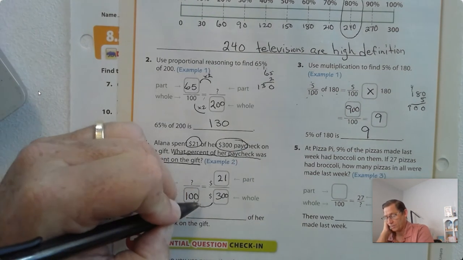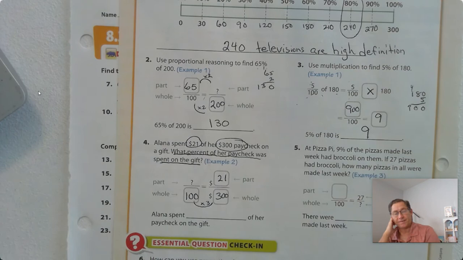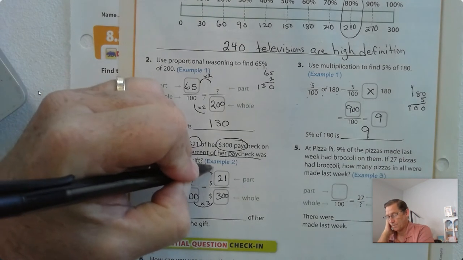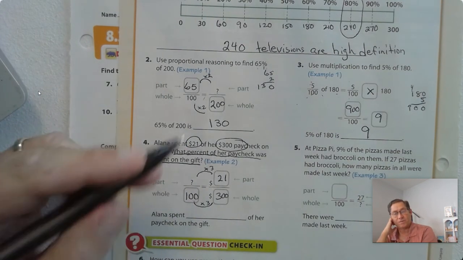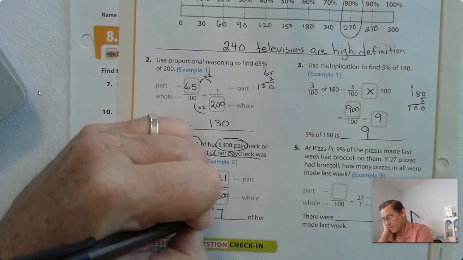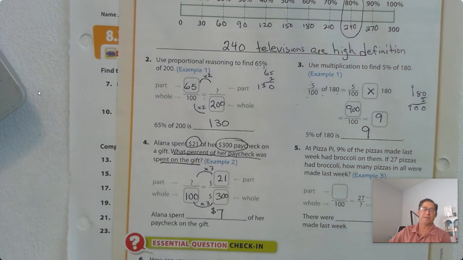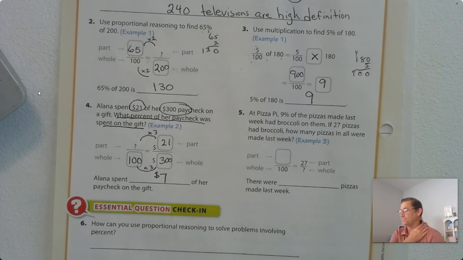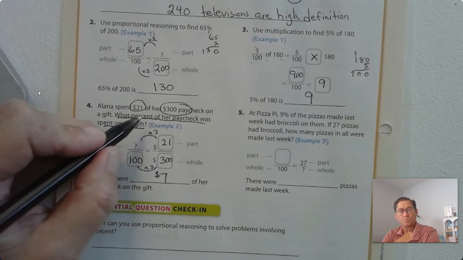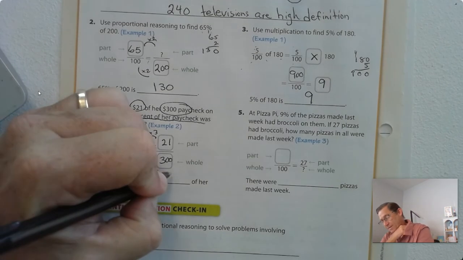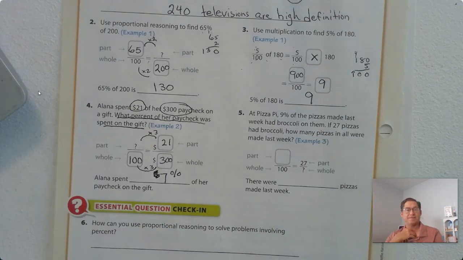So how do you go from 100 to 300? Multiply by 3. What times 3 is 21? 7. So she spent $7 of her paycheck on the gift. Oh, not $7. We had to find the percent, didn't we? 7% of her check on the gift.